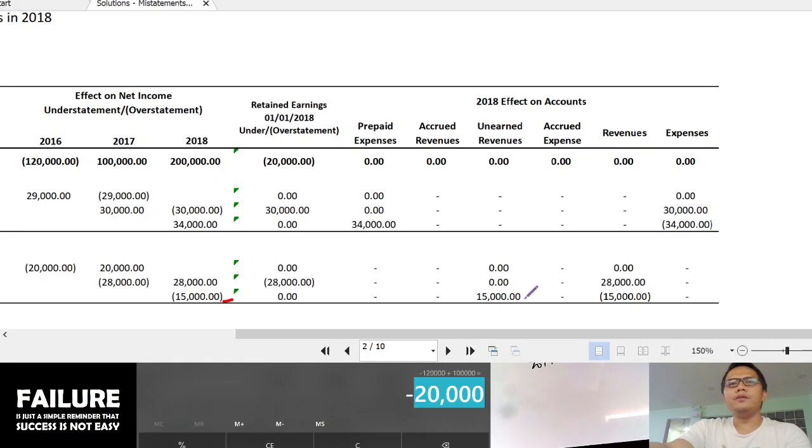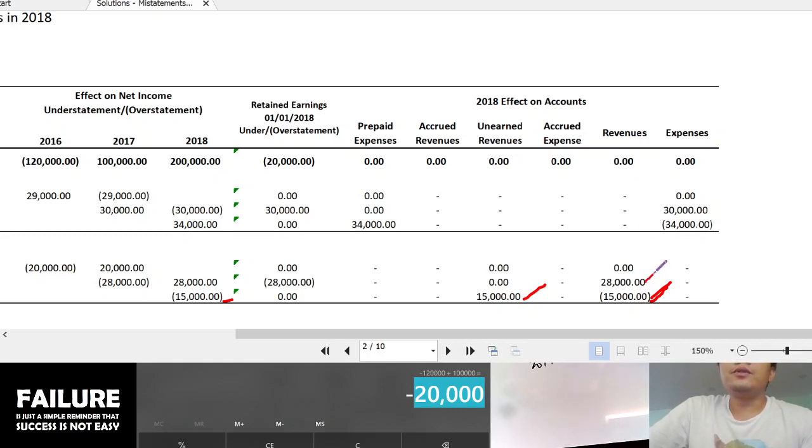So, the unearned revenue is understated. Di ba? That will overstate your net or your revenue in 2018. Okay? Kulang yung unearned, yung effect is that overstated yung revenue mo kasi nasobrahan ka ng recognize. May unearned portion pa dapat.